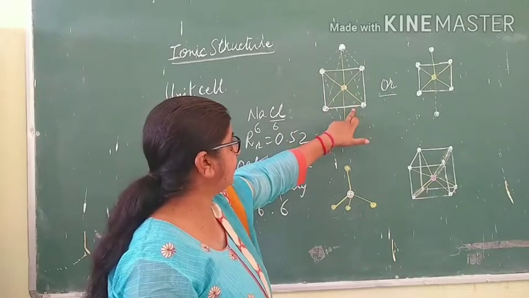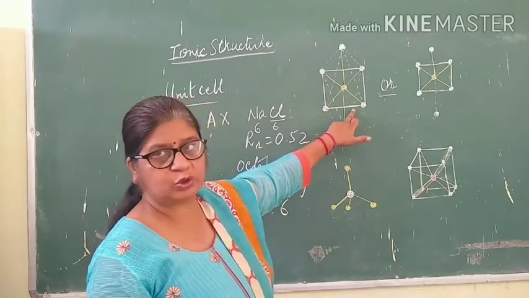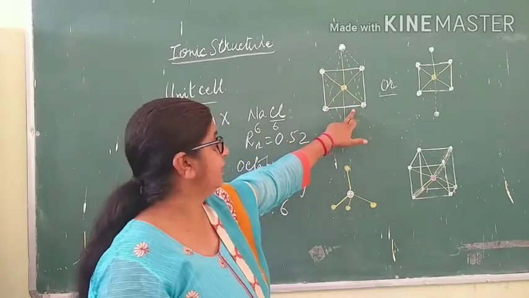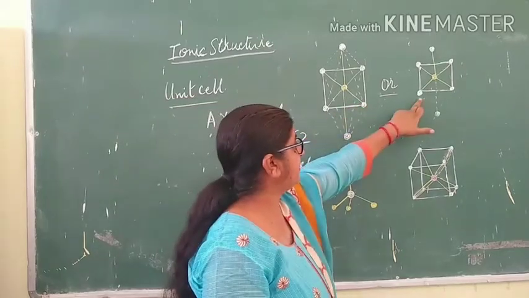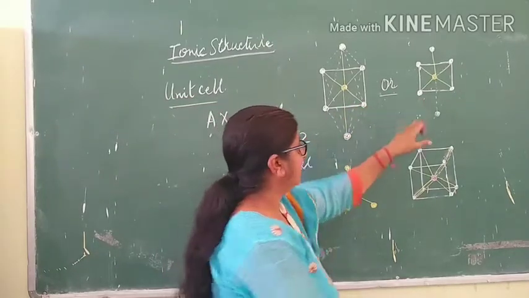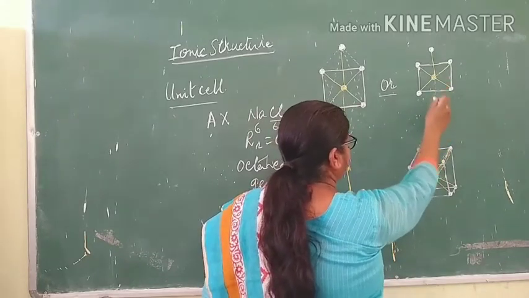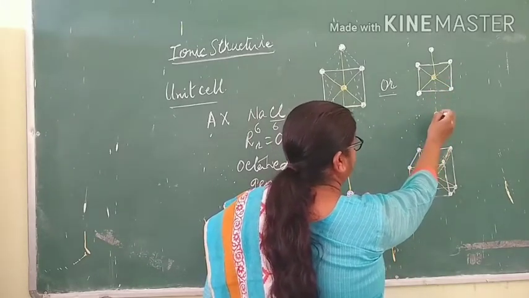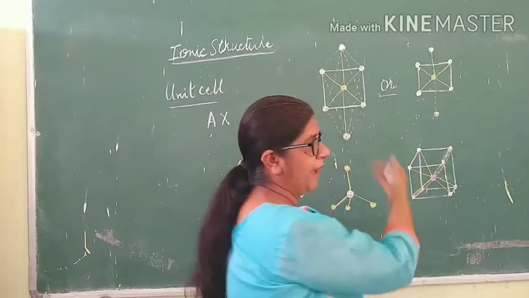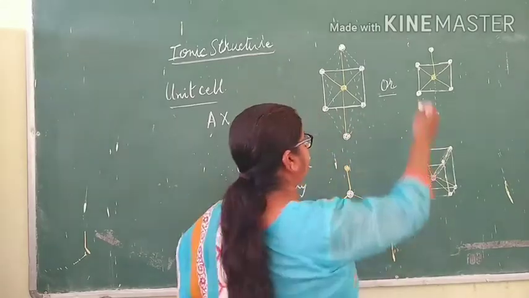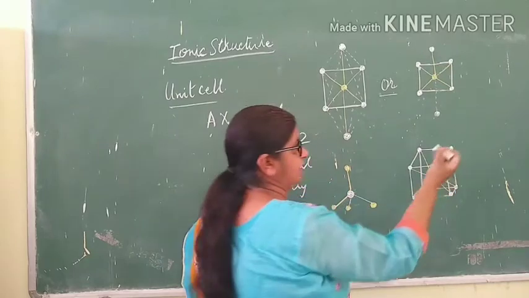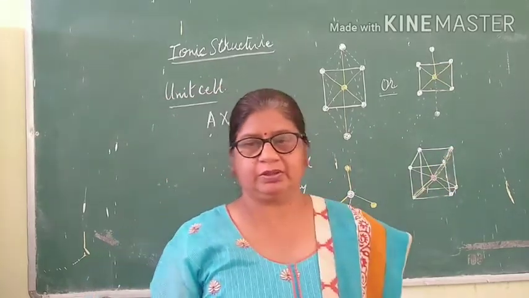This is the basic unit of sodium chloride. This can also be represented like this. Here we see a dotted line, which represents that this chloride ion is on the back side and this is on the front side of the box.